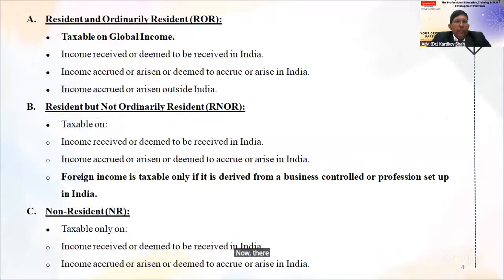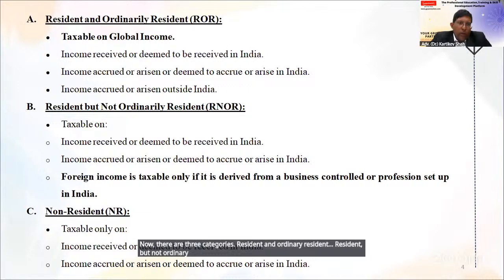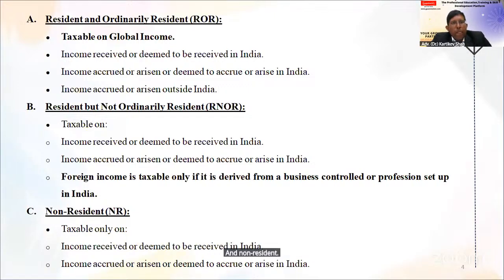Now there are three categories: resident and ordinarily resident, resident but not ordinarily resident, and non-resident. So what is the difference? For the resident and ordinarily resident, the tax will be levied on his global income.